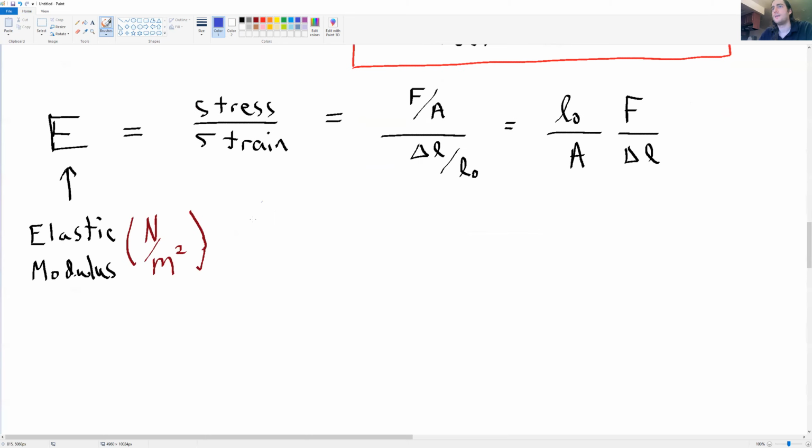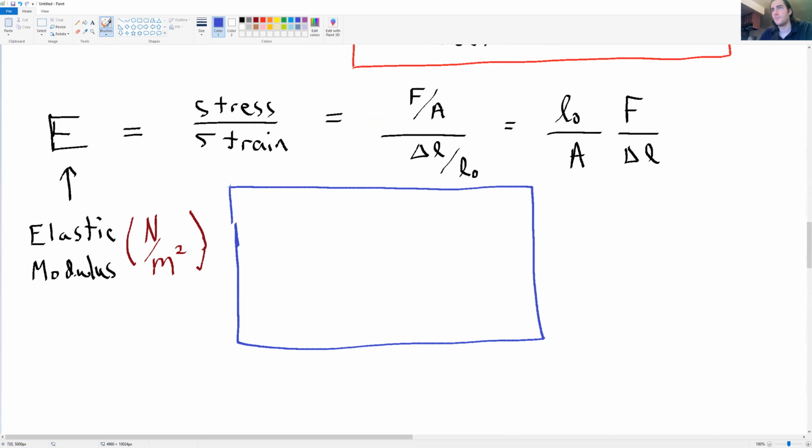Let's go ahead and take a look here at some values. So steel, one we'll be looking at in an example problem here in a second. The elastic modulus is, the book gives it as 200 times 10 to the 9.